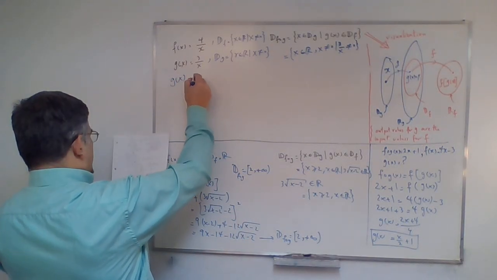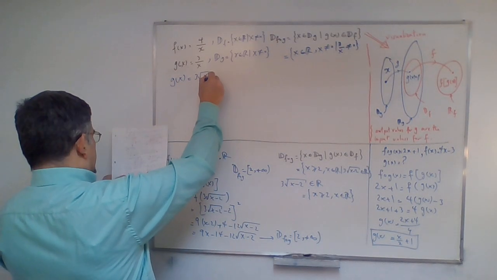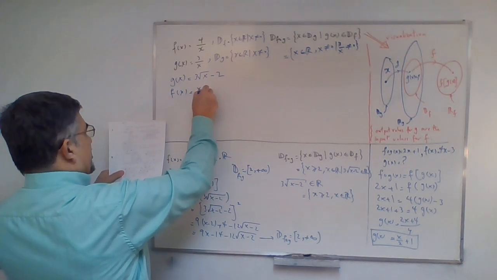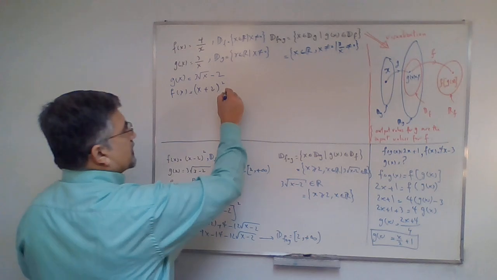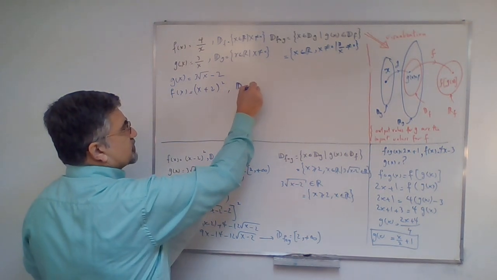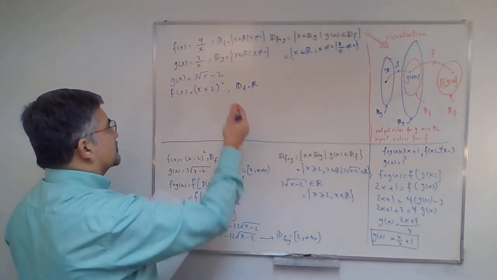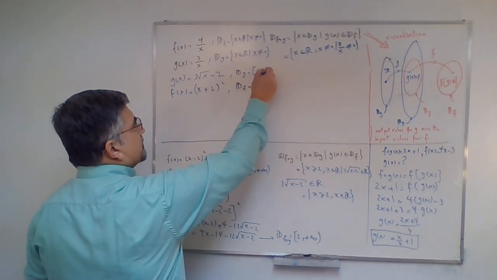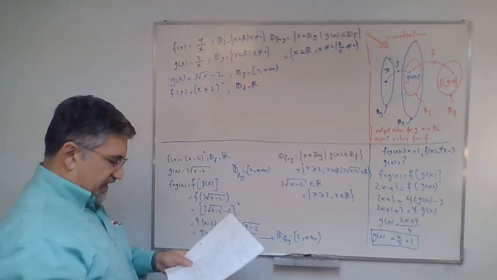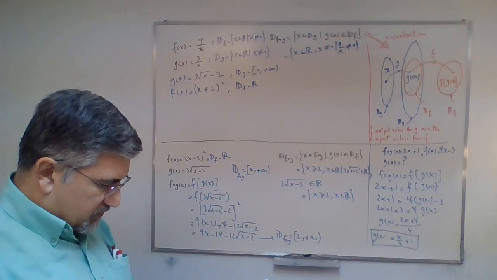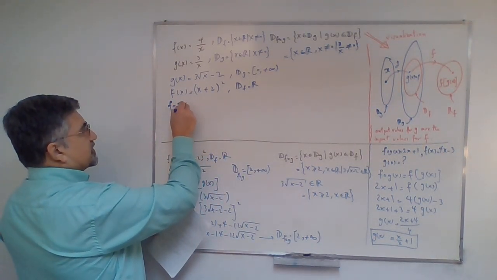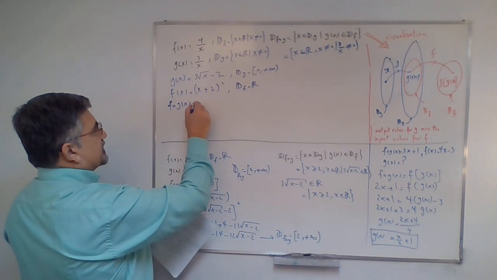So g of x this time is 3 root x minus 2, and f of x is x plus 2 all squared. Clearly, domain of this function is the set of real numbers. It's a quadratic function, and clearly domain of square root function is going to be always the positive values of x, including 0.